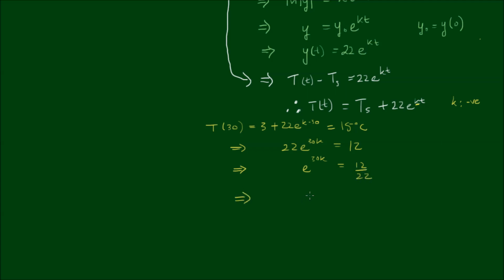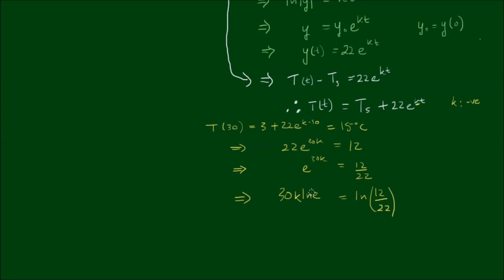Okay, take the log of both sides. If we apply the log rule, 30k we can bring down to the front. So it's 30k times log e, and that's equal to log of 12 on 22.